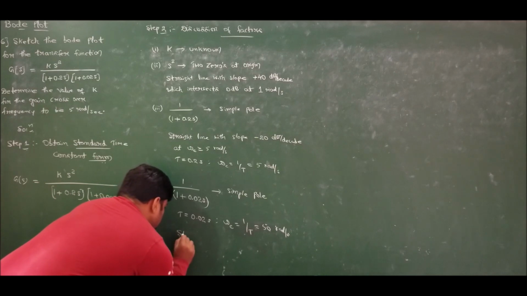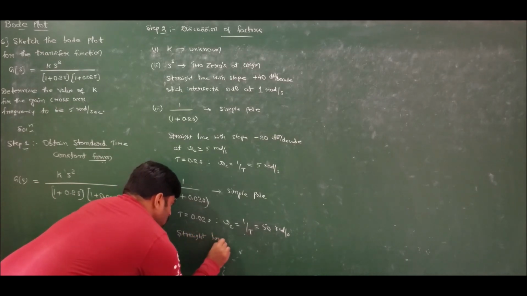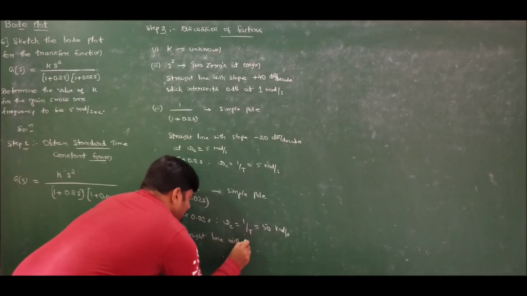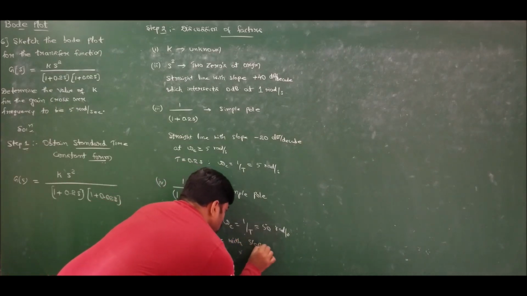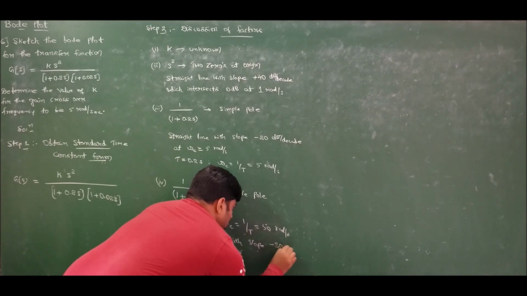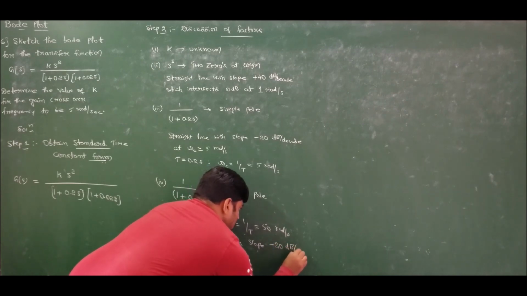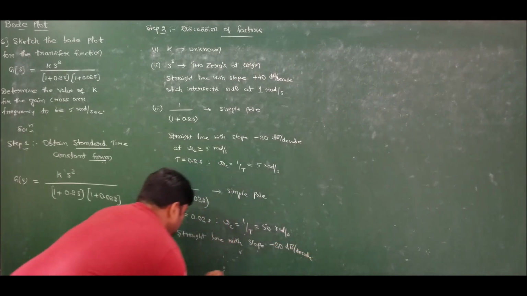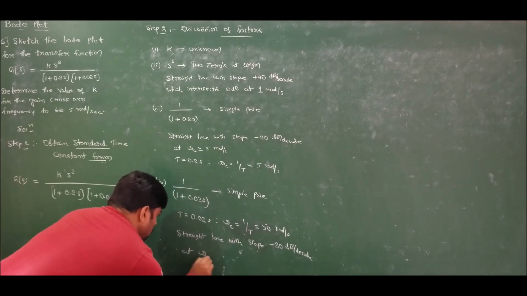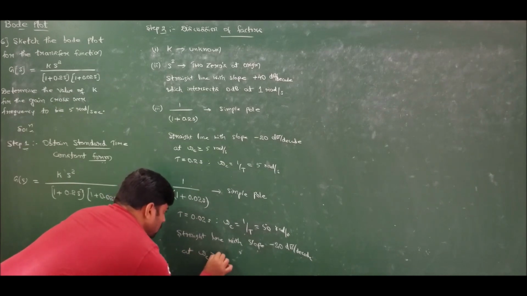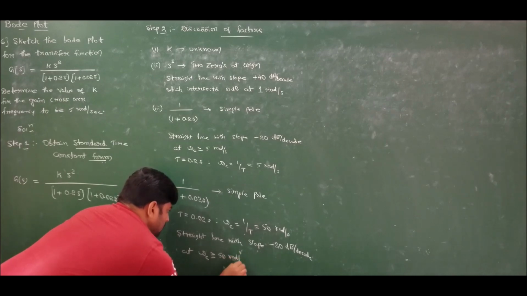Hence it is also a straight line with slope of minus 20 decibels per decade at frequency greater than or equal to 50 radians per second.